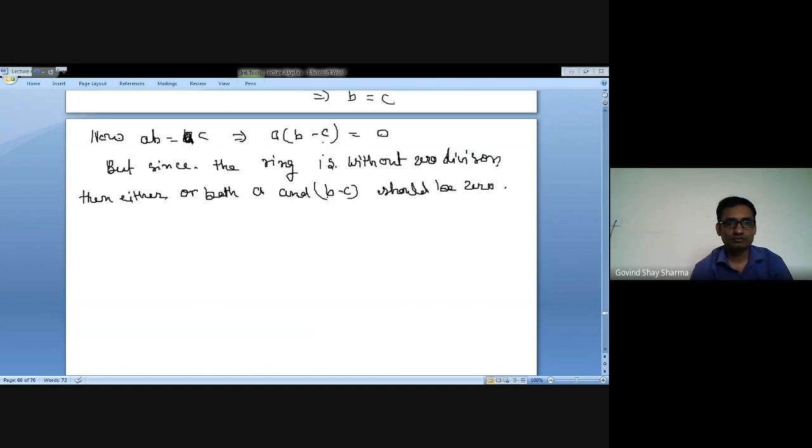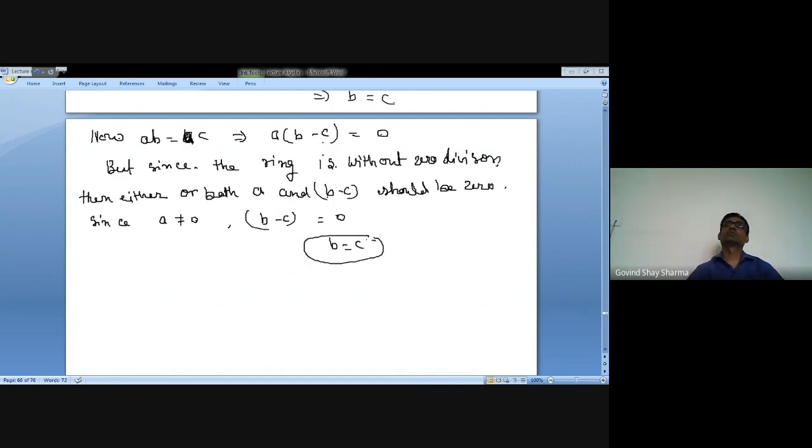Since A is not equal to zero, B minus C should be zero. Hence the cancellation law. That means the cancellation law is followed by R.